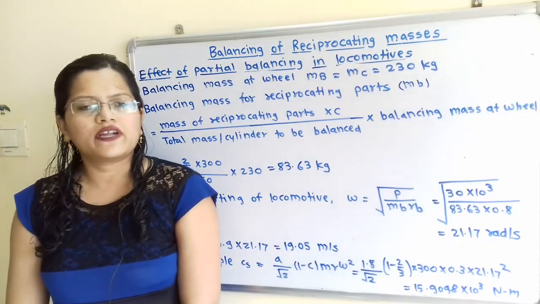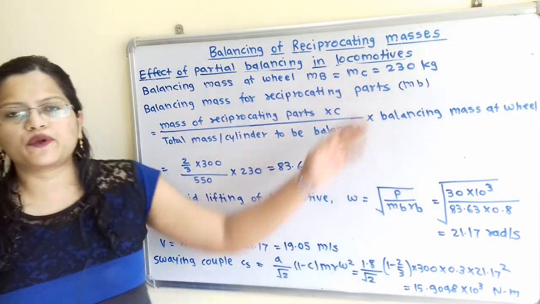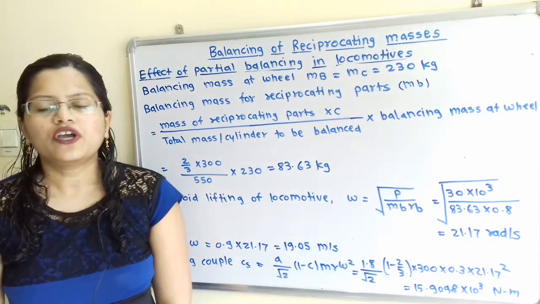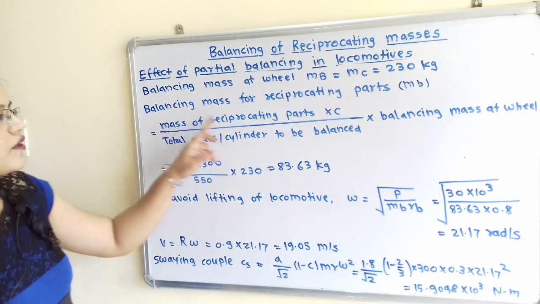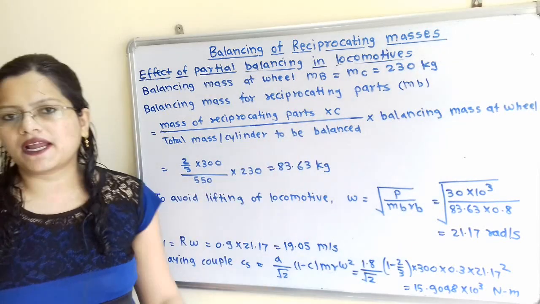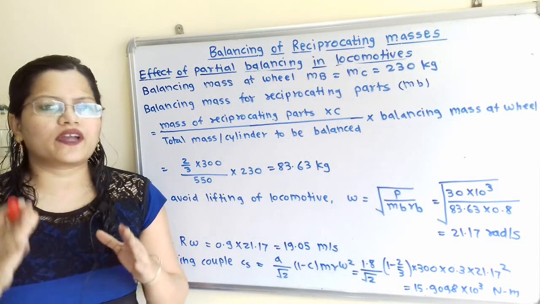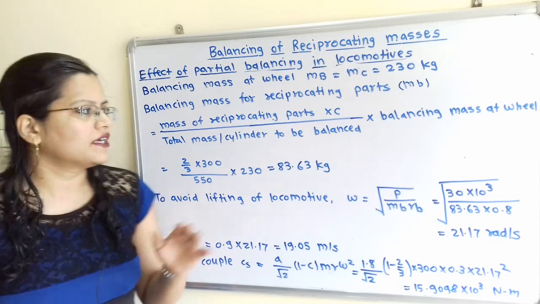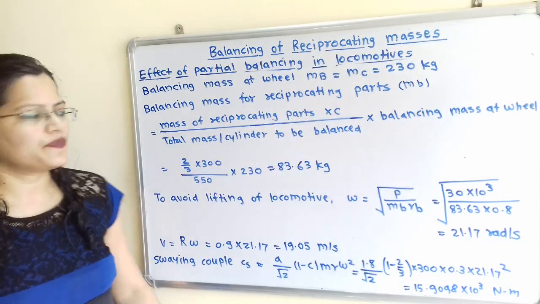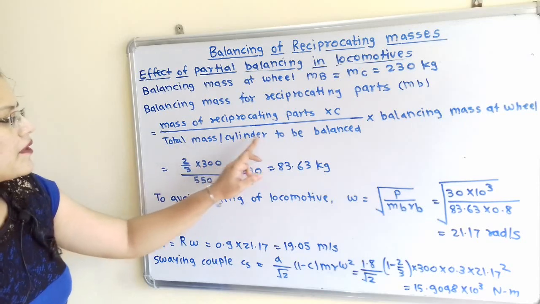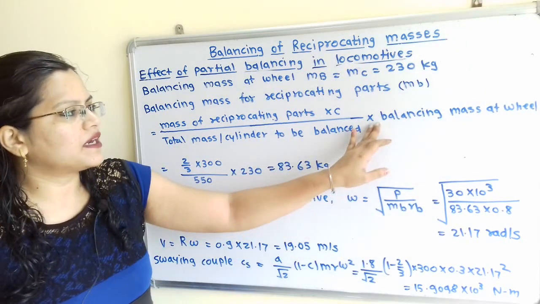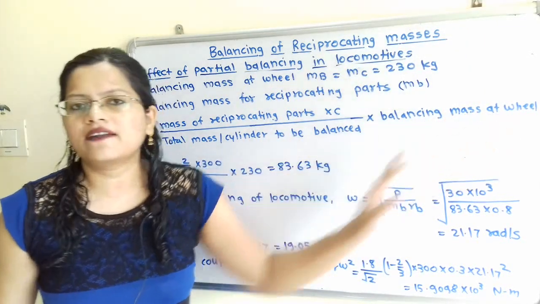Now we will calculate the balancing mass for reciprocating parts, that is MB. Here is the formula: mass of reciprocating parts multiplied by c, where c is the fraction of the reciprocating parts which is to be balanced, and it is equal to 2 by 3, divided by the total mass per cylinder to be balanced, multiplied by the balancing mass at wheel.